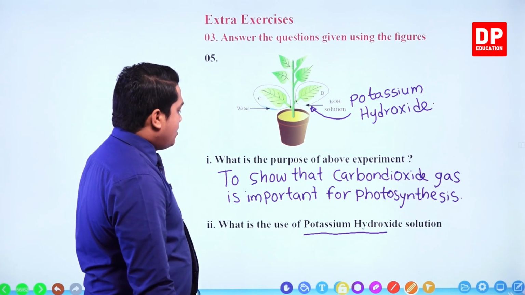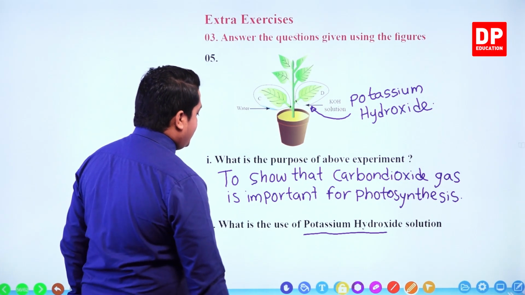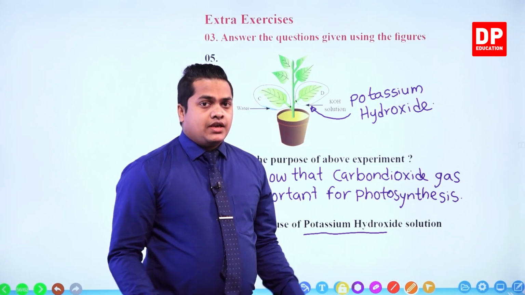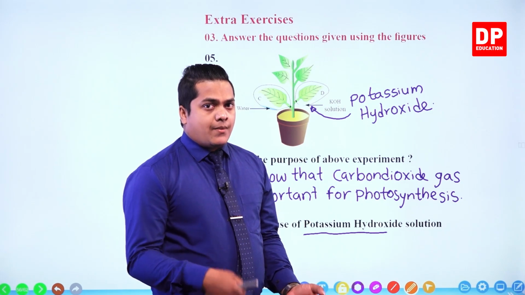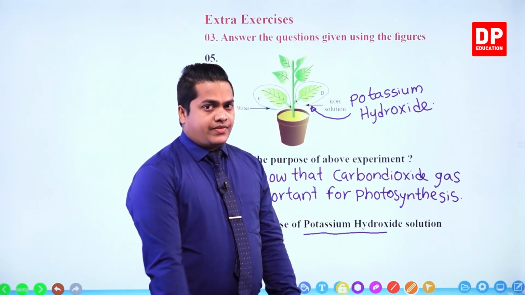Next one. What is the use of potassium hydroxide solution? So I told you, my dear children, we use this potassium hydroxide in order to absorb carbon dioxide within the container or within the polythene bag.